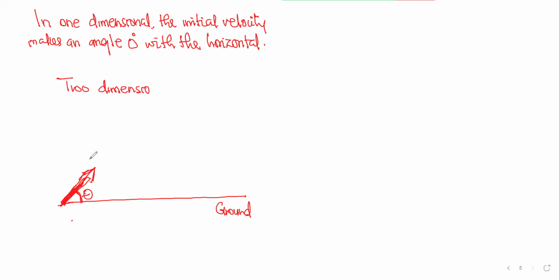The initial velocity given to the javelin or the missile makes a certain angle theta with the horizontal.